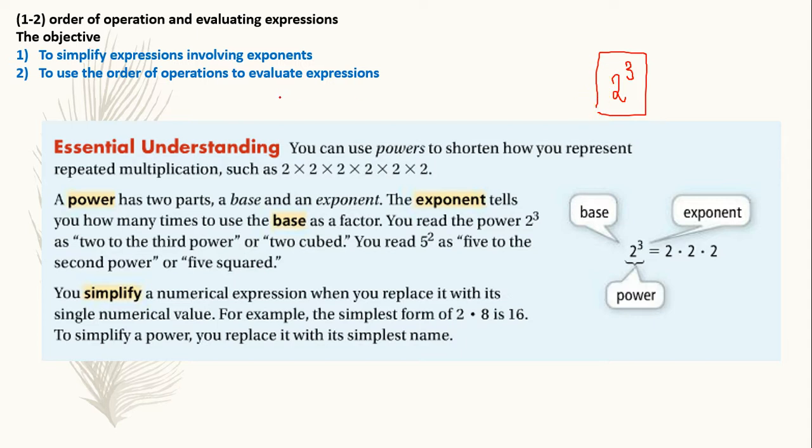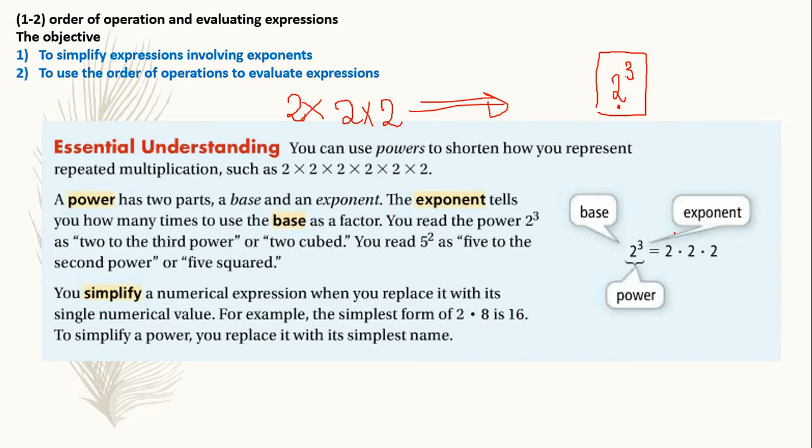It means you will multiply 2 by itself according to the number that we have here. So 2 to the power 3 means you will multiply 2 by itself 3 times. We can write it in another way, 2 to the power 3, and that's how we read it.